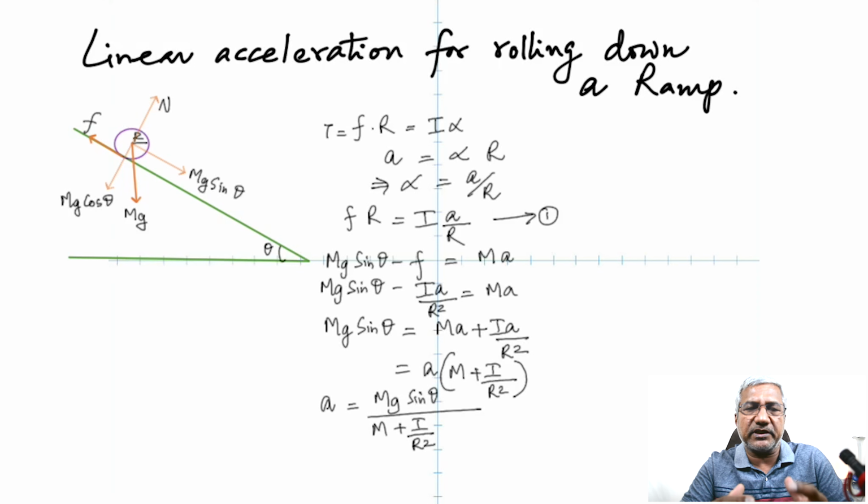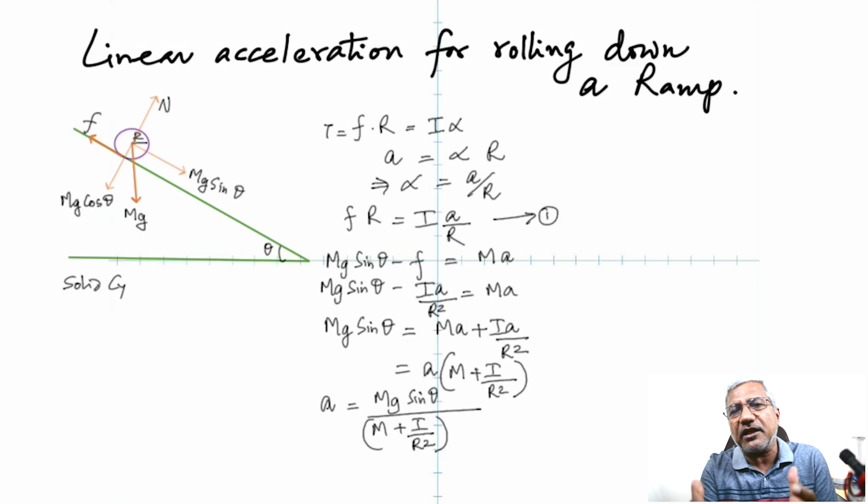So depending on what is given, we will have to use the corresponding formula for rotational inertia. Now, assuming that it's a sphere, for a hollow sphere, we know rotational inertia is 2 by 3 m r squared. For a solid sphere, it's 2 by 5 m r squared. So this formula can be used to get the acceleration of different objects.